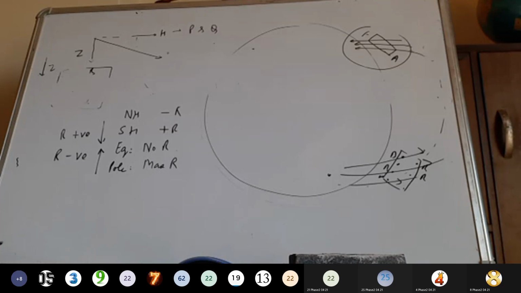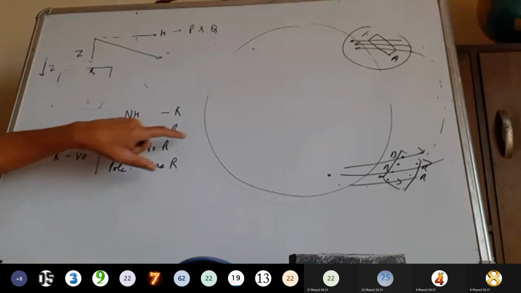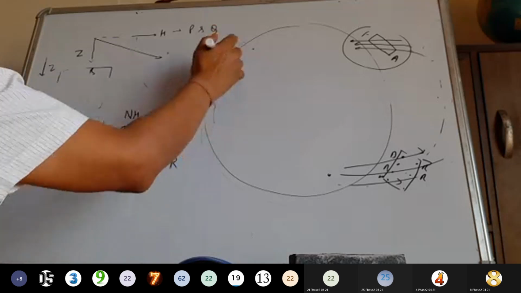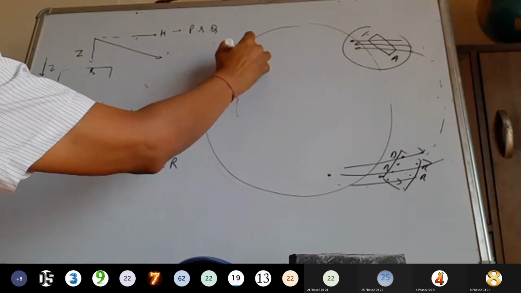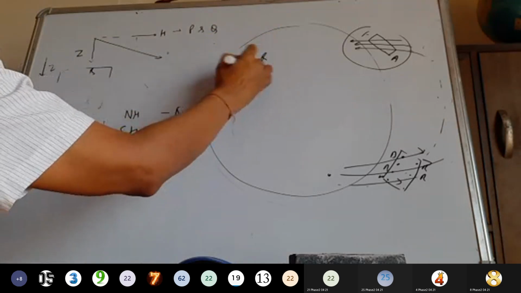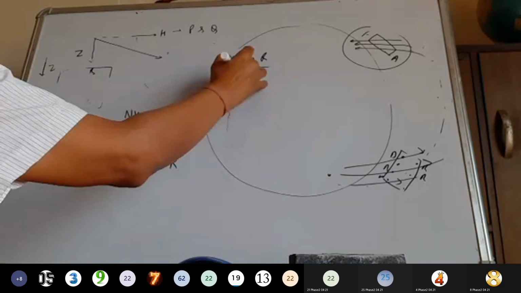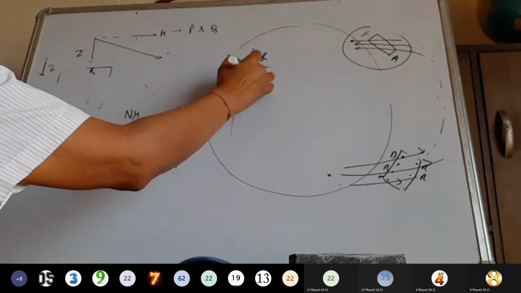So now, after having understood what factors will determine minus R and plus R, it is only the hemisphere. Now let us talk about the magnitude of R. How much R the vessel will have will depend on what? Number one, will it depend on the heading?